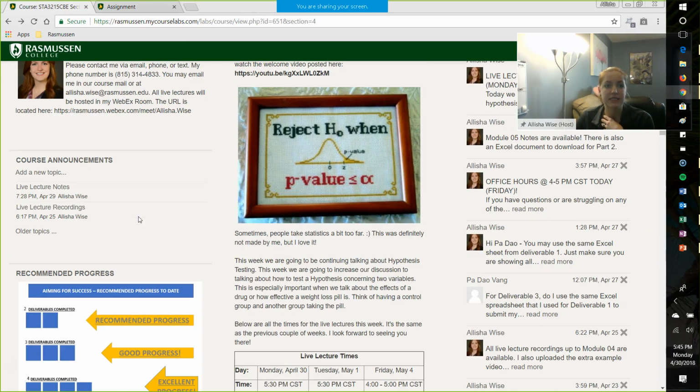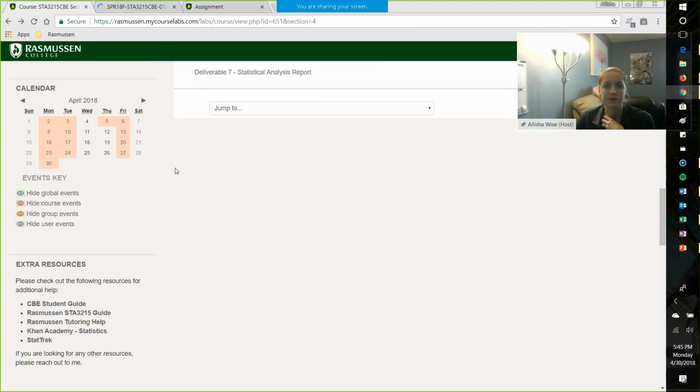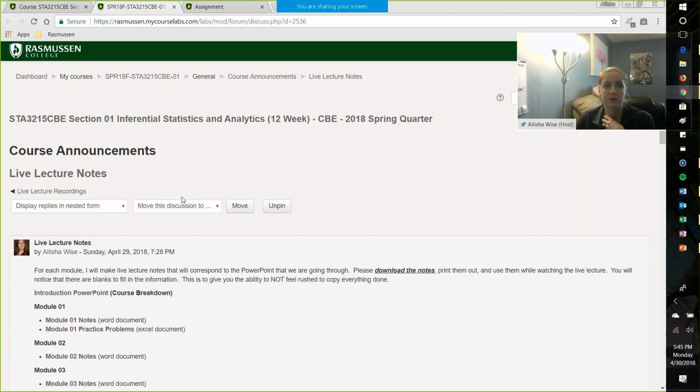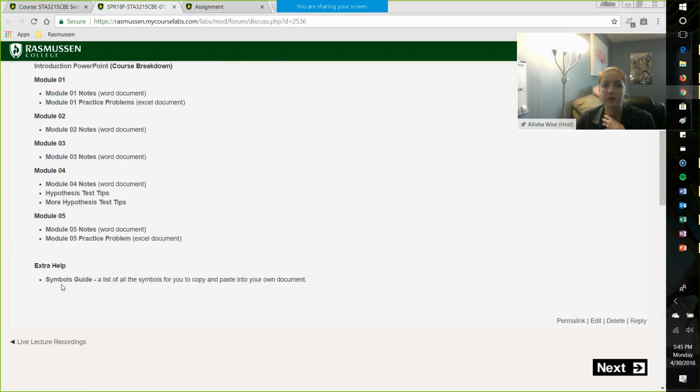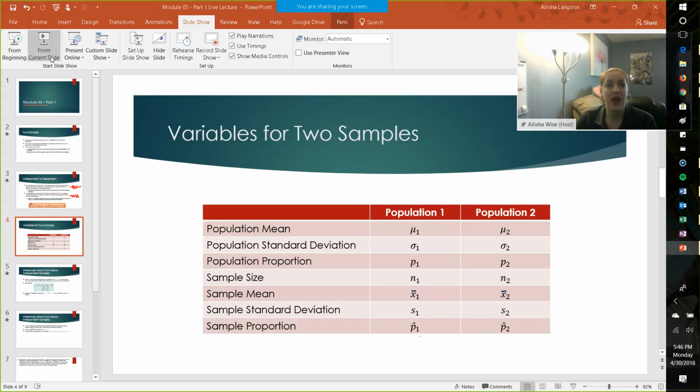Please make sure in the live lecture notes that you download the symbols guide, and it might be a good idea to actually print that symbols guide out to help you if you're struggling with identifying those variables, because it's so important to be able to quickly identify which variables are which, okay? So if you haven't done that, check that out as well.